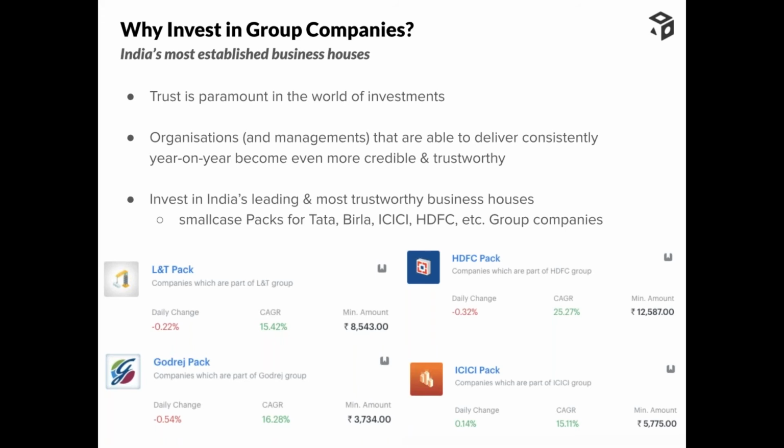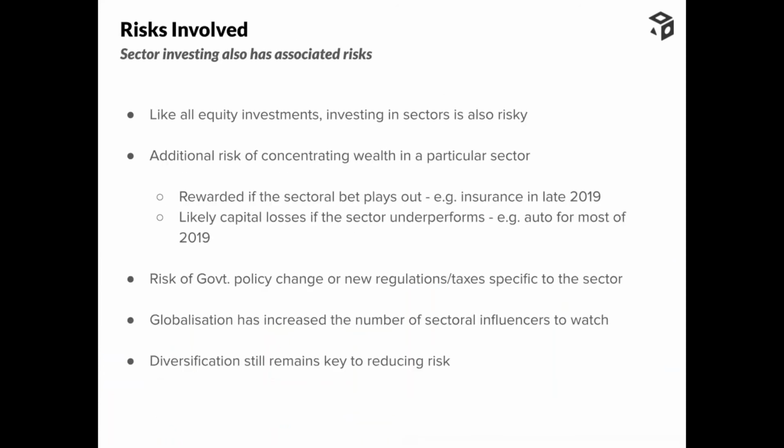So with that, we've covered most of the things as to why you should want to invest in sectors or group companies. But one thing which I feel we should discuss is also the associated risks involved if you are investing in a particular sector or a group company.